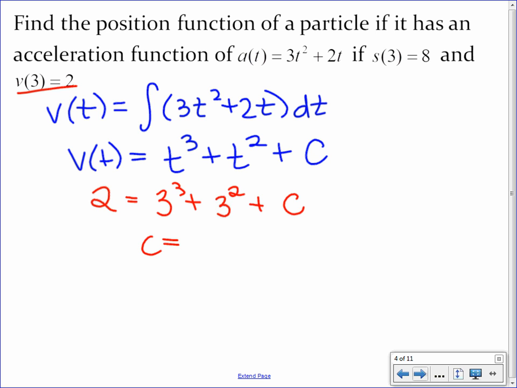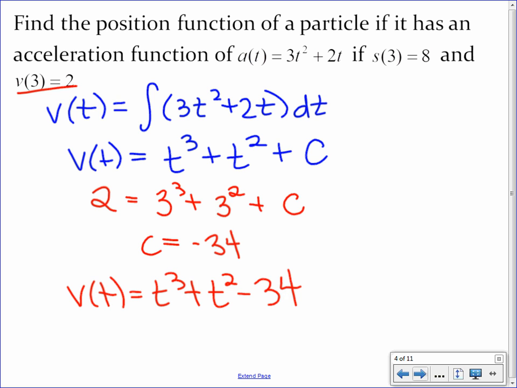What does that make our constant? Negative 34. So we have 27 and 9. Yep. So our velocity function is t cubed plus t squared minus 34.